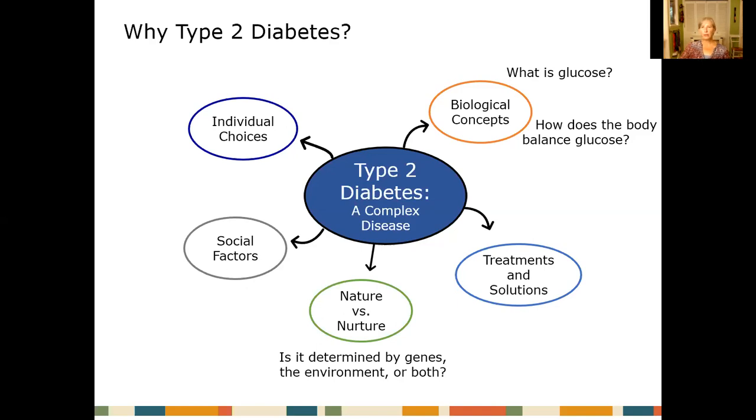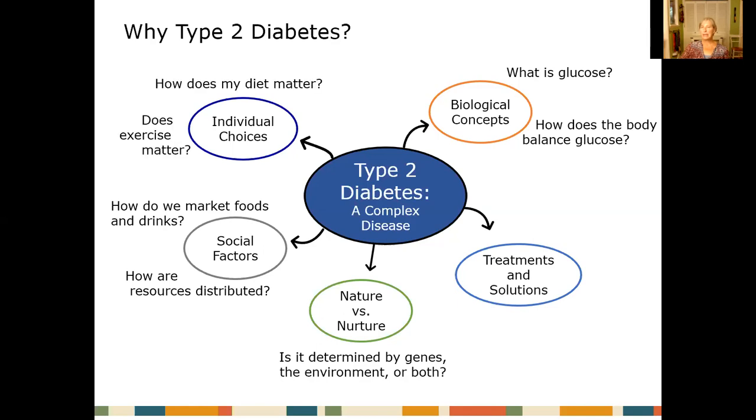And where a lot of curricula stop there, we go on in a number of different ways. We address some of the social factors that influence this condition. So how do we market foods and drinks? How are resources distributed? And then we go into the individual choices about diet and exercise and how do they matter and why do they matter and when do they matter?